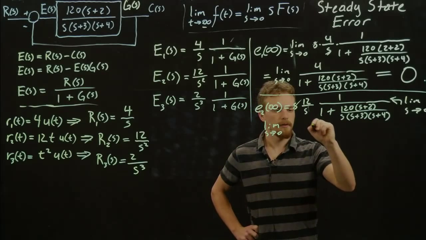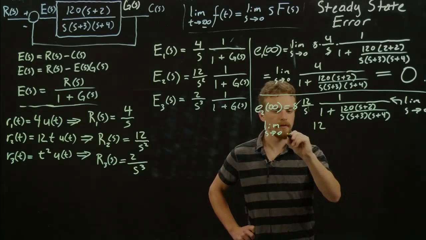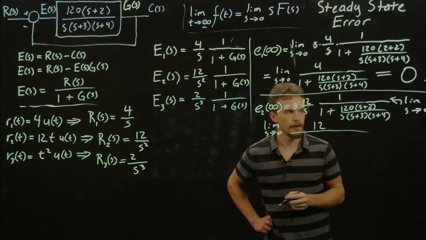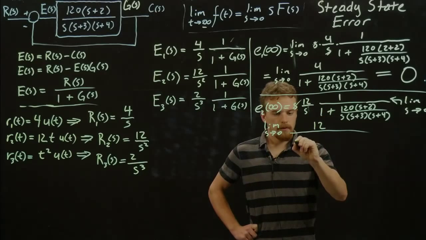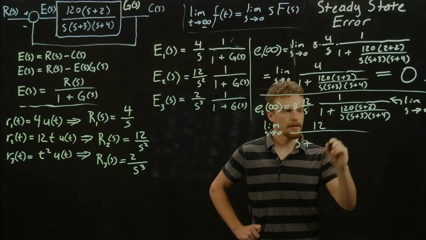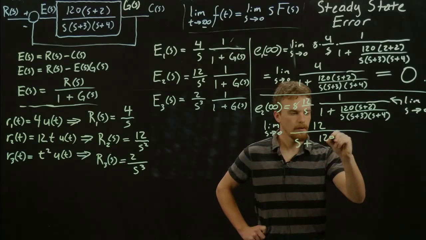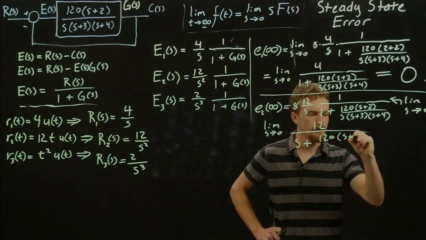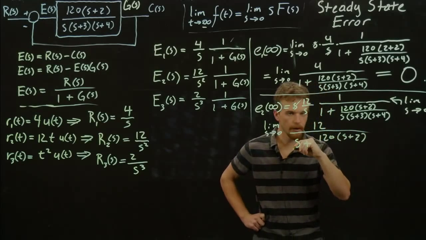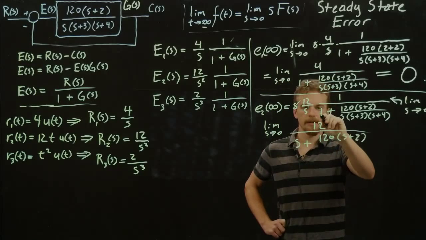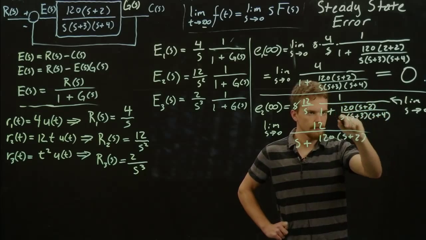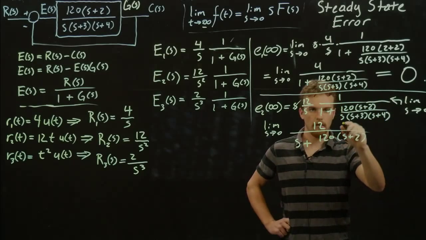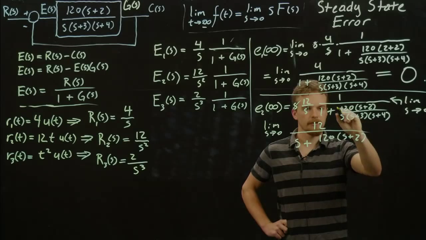So this total thing goes to 12 over s plus 120 s plus 2. And okay, so we're distributing this s. We'll have s there, and when we multiply this part of the expression by s, this one right here will cancel, right?